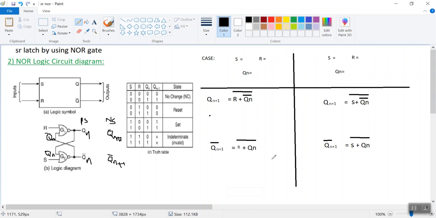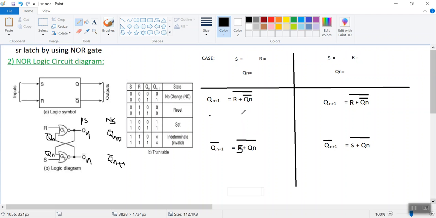A small correction here: Qn plus 1 bar at this NOR gate has two inputs, S and Qn, so Qn plus 1 bar is equal to S plus Qn, whole bar. That is our expression.